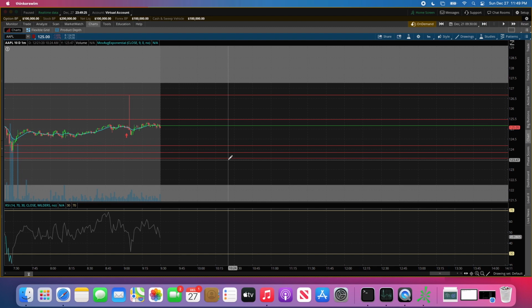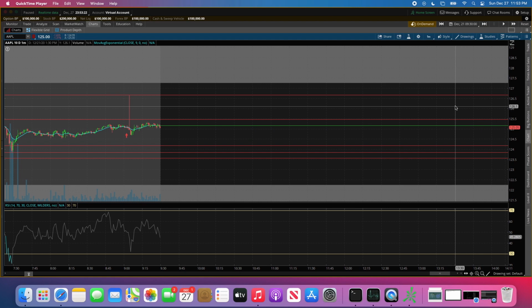The three things you should always do for your trades are to know where your stop loss is, which I already told you is right here for me on this trade, know where your entry is, and know where your take profit levels are. I have all those already set even before the market opens.